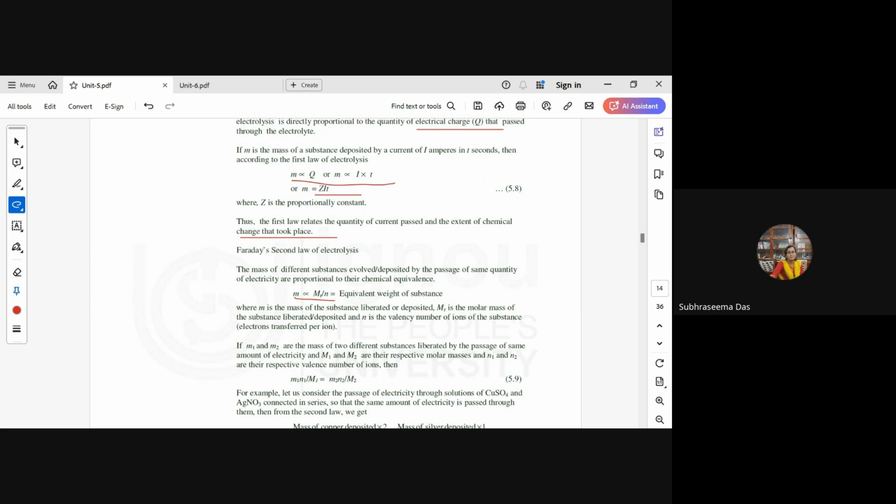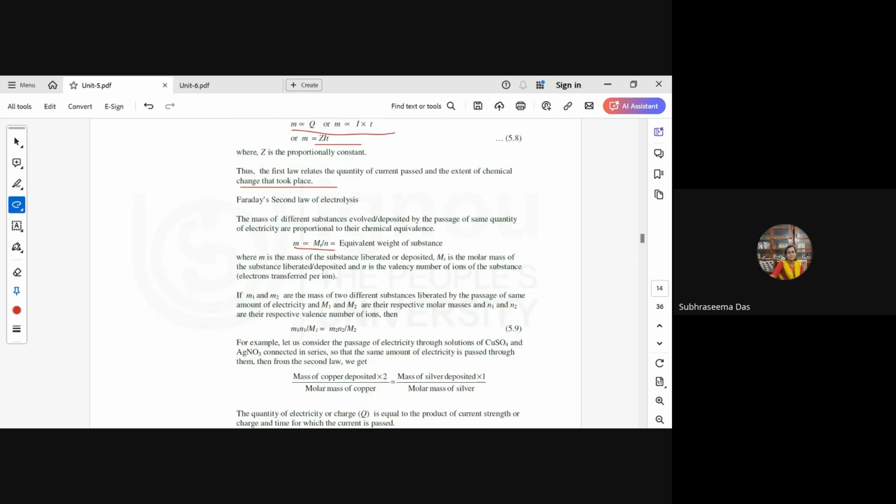If m1 and m2 are two different substances liberated by the same amount of electricity, M1 and M2 are their molar masses, and n1 and n2 are their valence numbers, then m1 n1 / M1 = m2 n2 / M2.